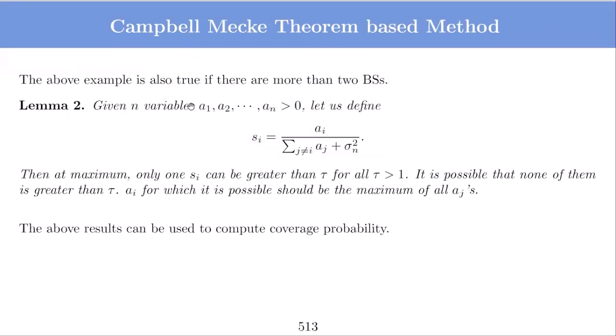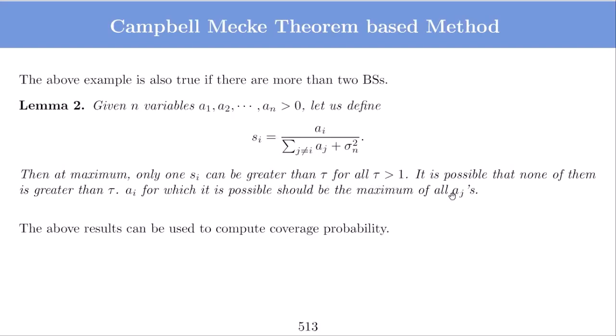If there are n variables a1, a2, an, and if we define ai upon sigma aj plus sigma square as si, so for every i, right, you denote ai upon sigma aj plus sigma square, then you can show that only one si can be more than tau for all tau greater than 1.